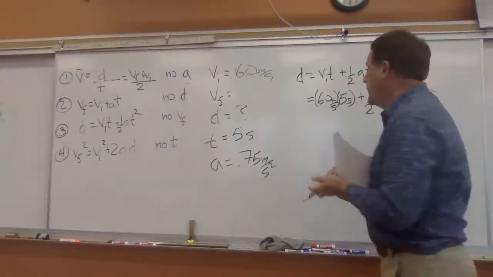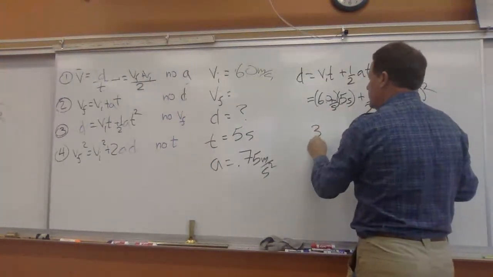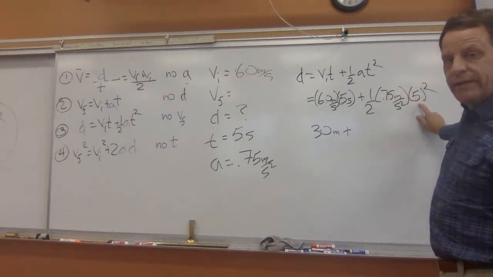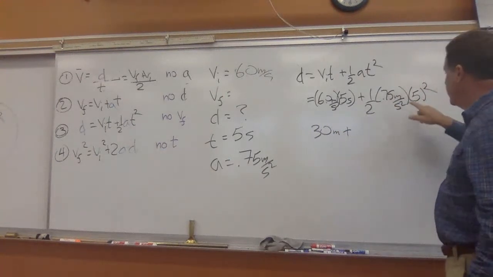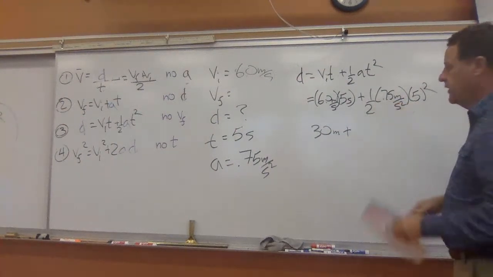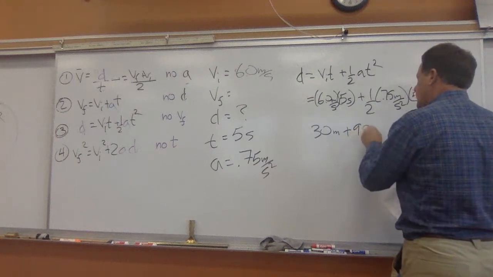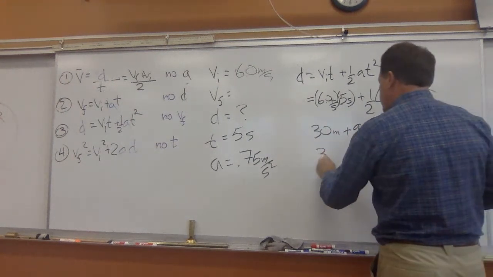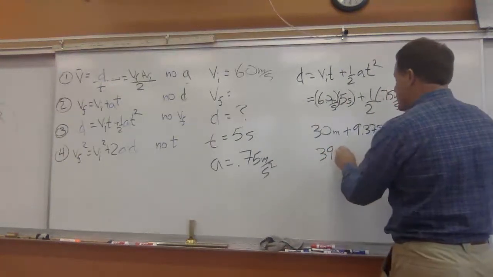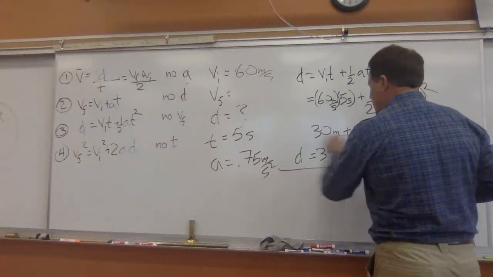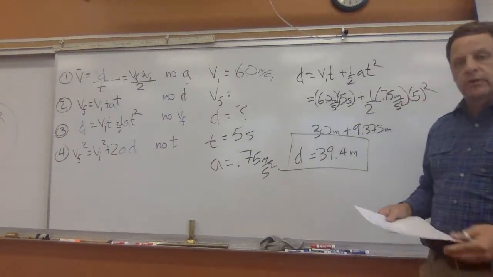Okay, so 6 times 5 is 30. 5 squared is 25, divided by 2 is 12.5 times 0.75. That all adds up to be 9.375, okay? So that's going to give us 39.4 meters, and that is equal to our distance.